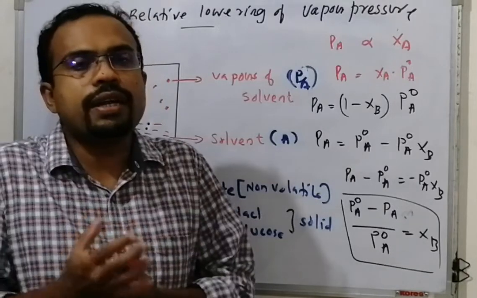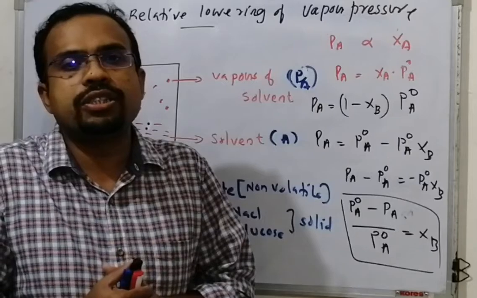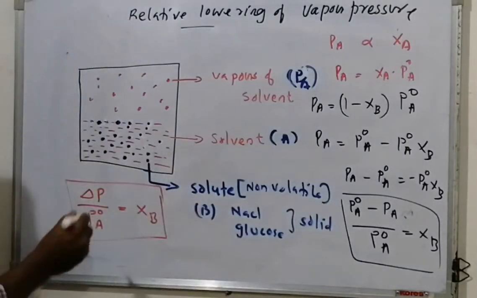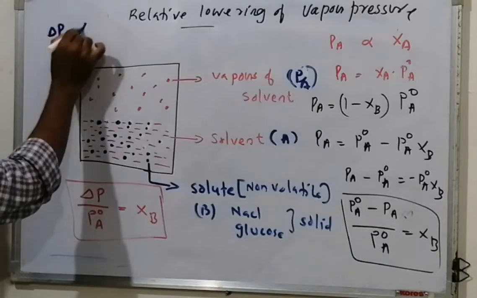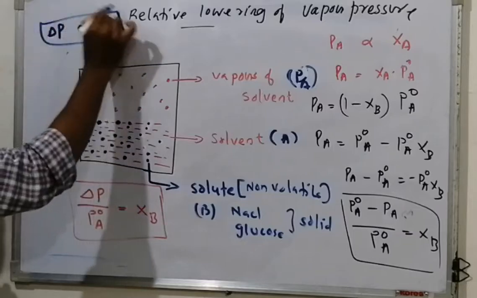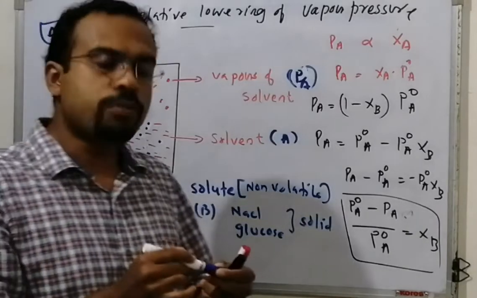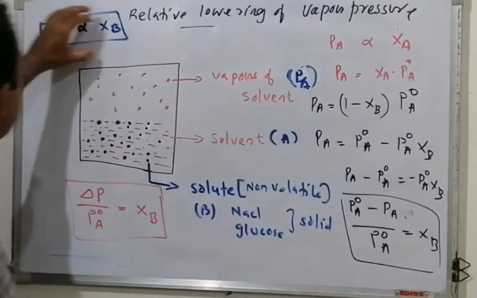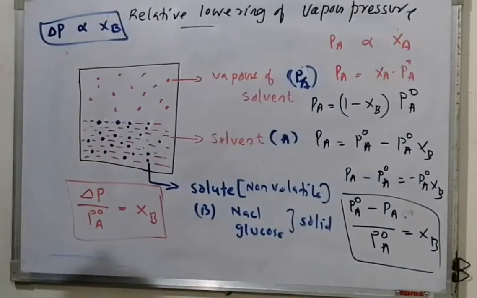Therefore, delta P divided by P0A is directly proportional to XB. We can say that delta P, the lowering of vapor pressure, is directly proportional to XB, the mole fraction of solute. The magnitude of decrease of vapor pressure is directly proportional to the mole fraction of solute.